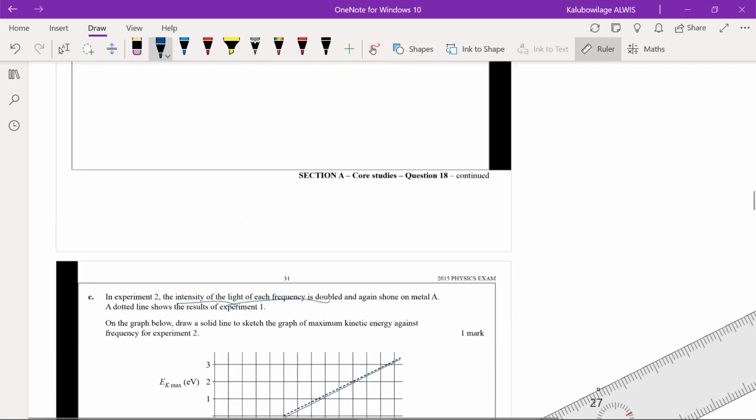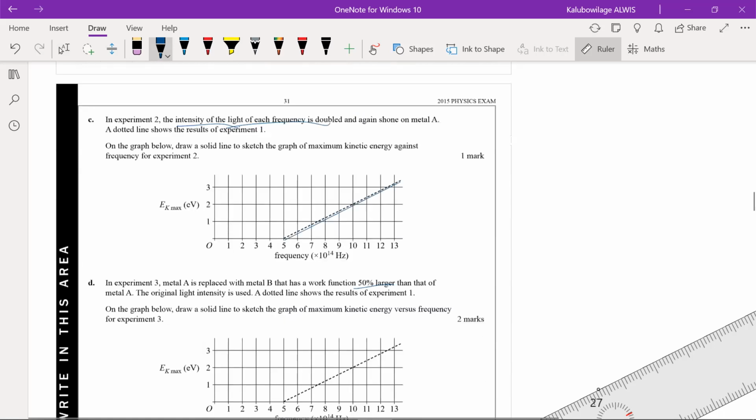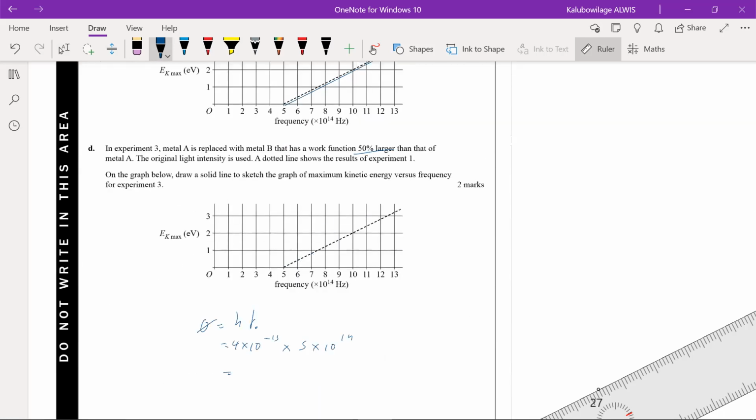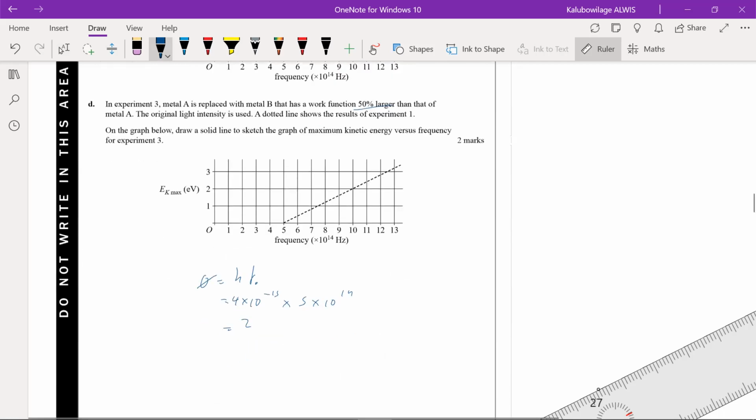That's right. Comes to 4 times 10 to the power minus 15 times 5 times 10 to the power 14. It's 2.